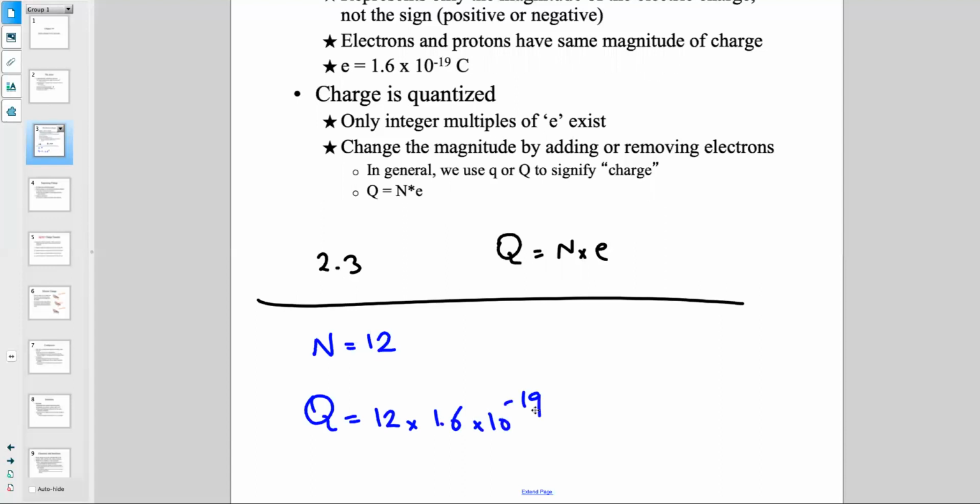And since these are electrons, we have to have a negative sign. That means my overall number, whatever it is, will have a negative value associated with it. So I have negative 12 times 1.6 times 10 to the power of negative 19.